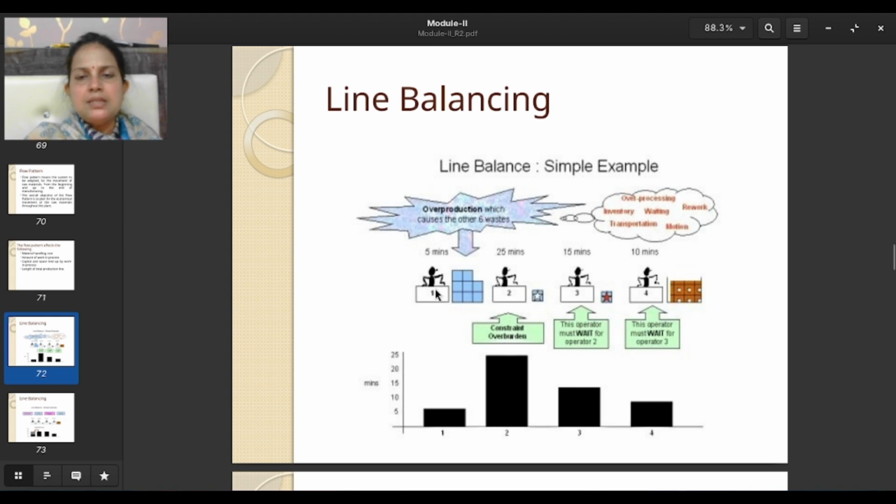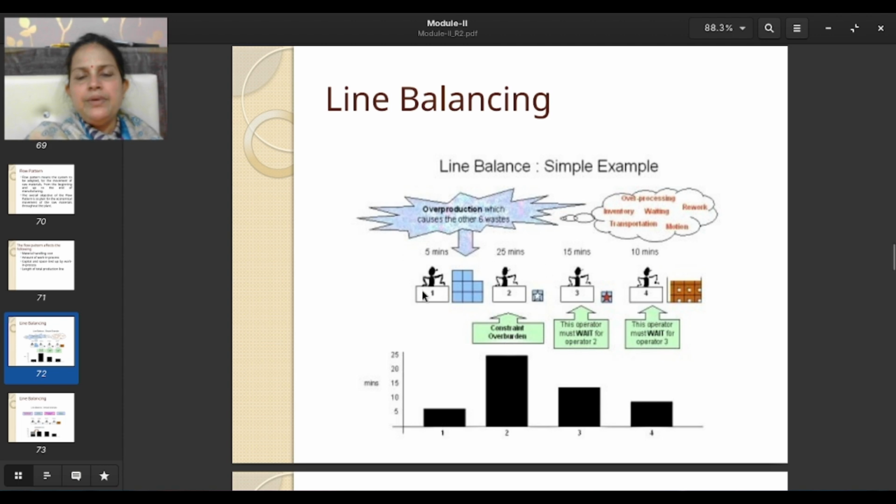Means, see, if these are 4 workstations, this first person is assigned some work, and to complete one work, this person is taking 5 minutes. But this person is taking 25 minutes to process this work, one part.